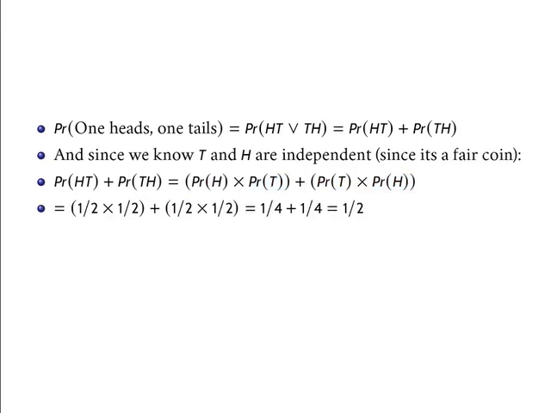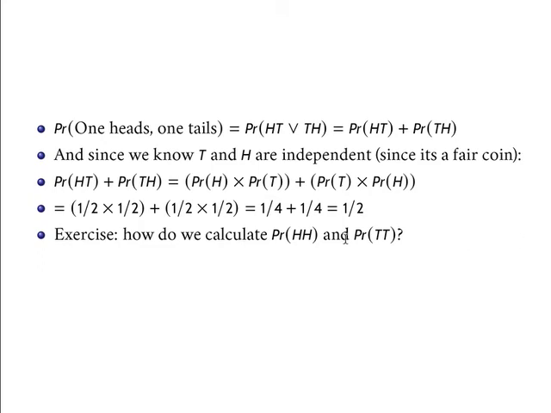So we replace each of these probabilities with 1/2. And the rest is just some simple math. So we get 1/4 plus 1/4 equals 1/2. And that is how these rules have told us that the probability of getting one heads and one tails is not 1/3, but is actually 1/2.